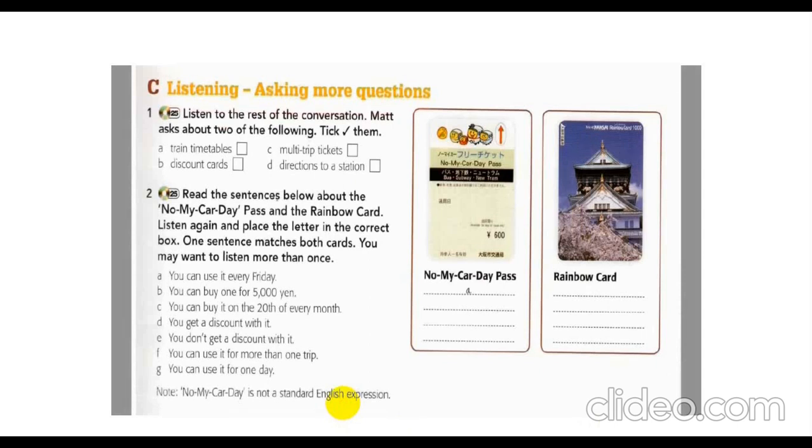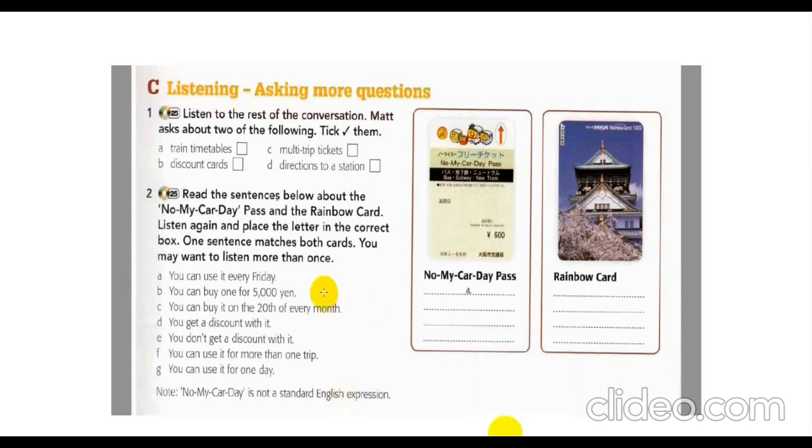Next, we have read the sentences below about the Know My Car Day pass and the Rainbow Card. Listen again and place the letter in the correct box. One sentence matches both cards. You may want to listen more than once.